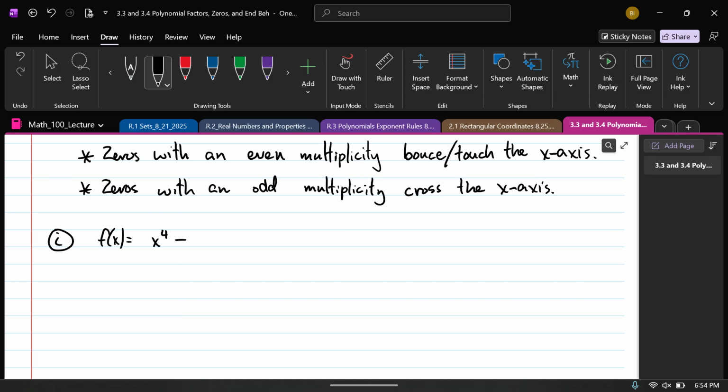X to the 4th minus 7x cubed plus 18x squared minus 22x plus 12. So there's our polynomial. Let's get our P over Q list. Good news is there's a 1 in the front, so all I need are the factors of 12.